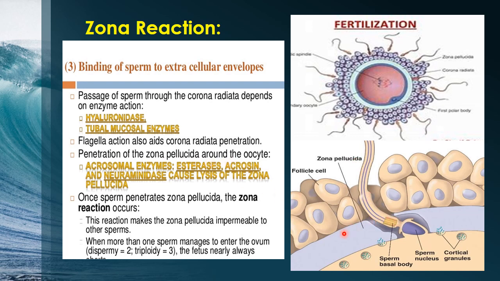And there are various enzymes released from the acrosome when it comes in contact with the zona pellucida, the esterases, acrosin, and neuraminidase, which cause the lysis of the zona pellucida. But the most important one is acrosin. So this is the diagram showing you a clear picture.